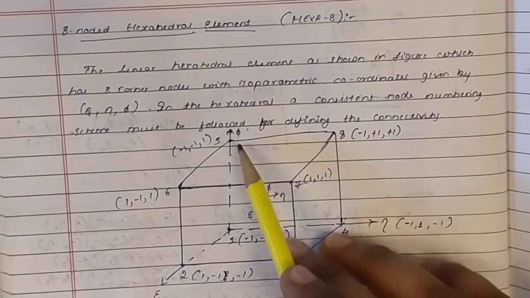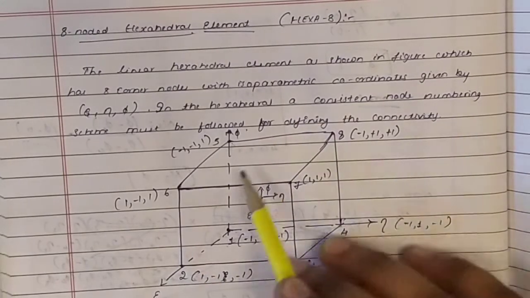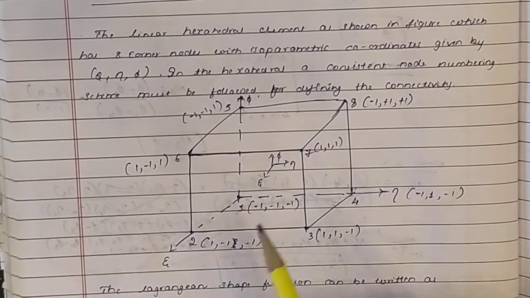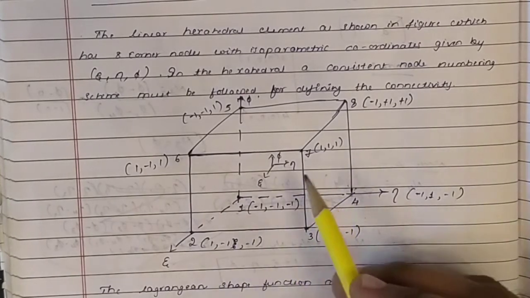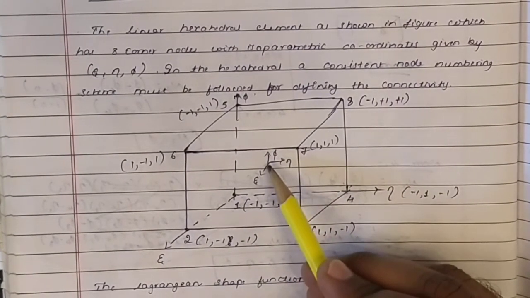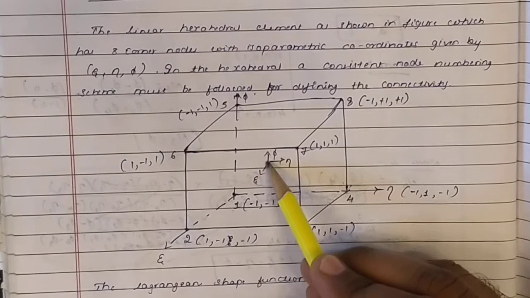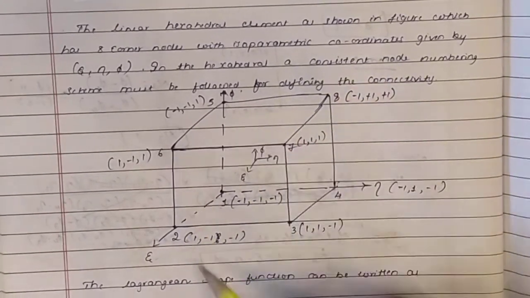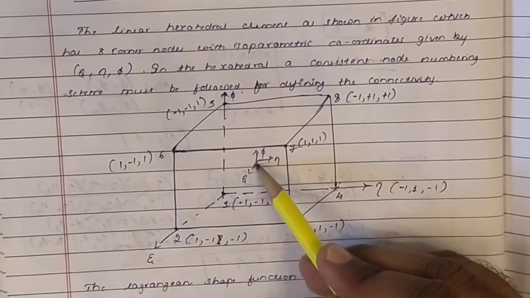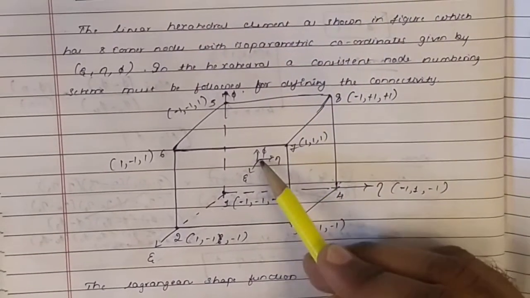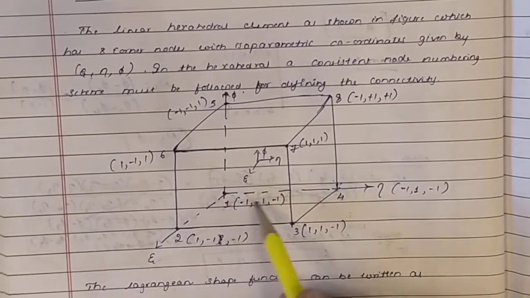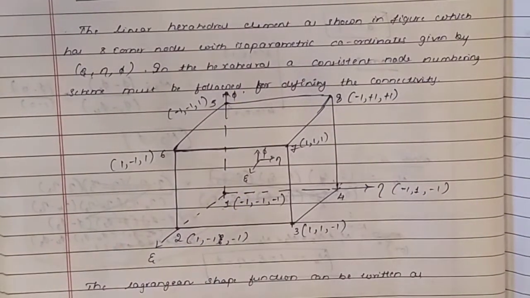First of all, draw a hexahedral element like this. Now in the natural coordinate system, let us take the origin in the middle of the element. The axes will be the zeta axis, neta axis and phi axis.